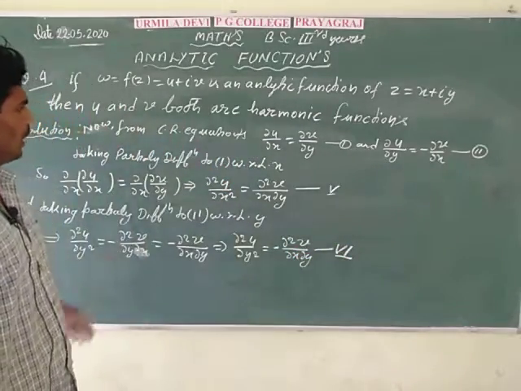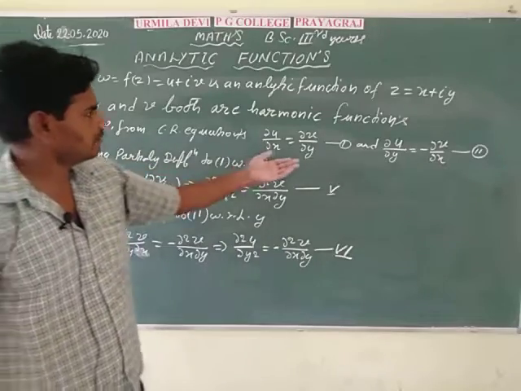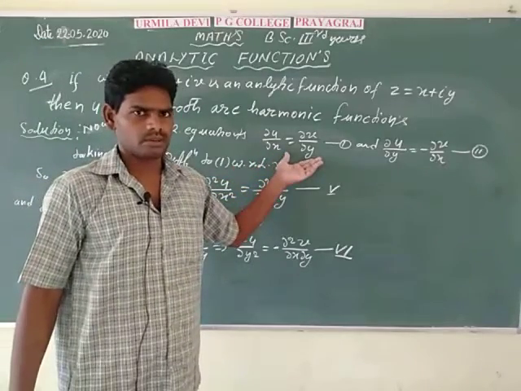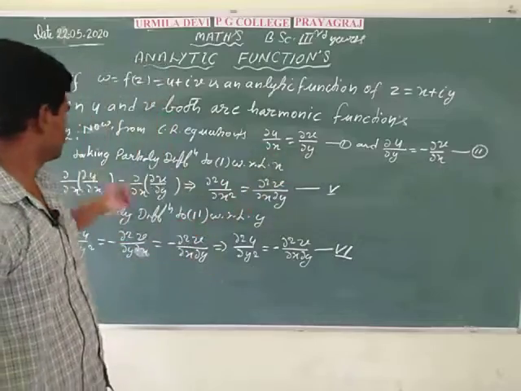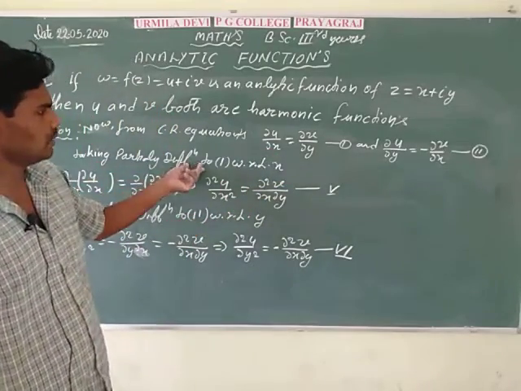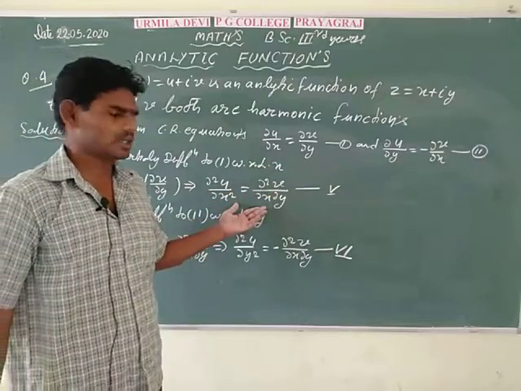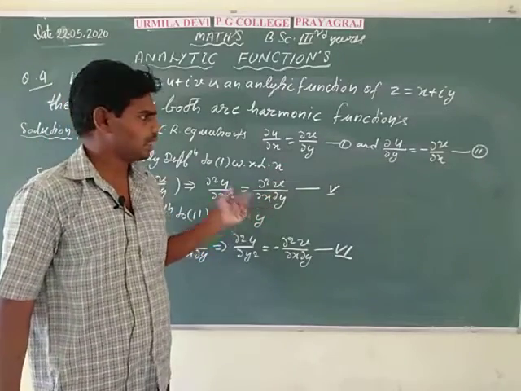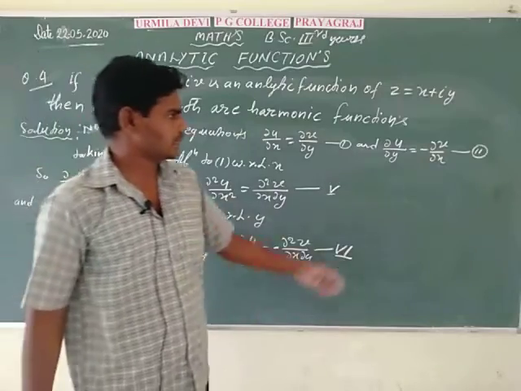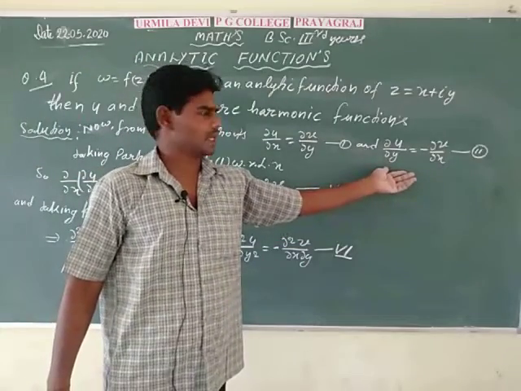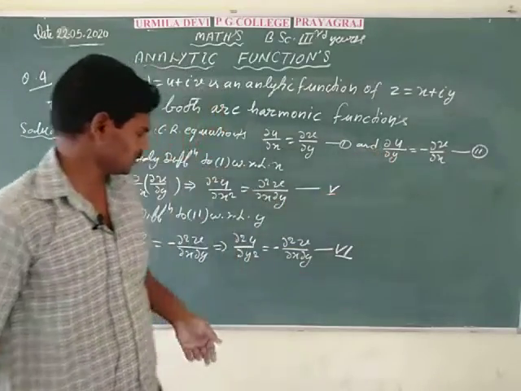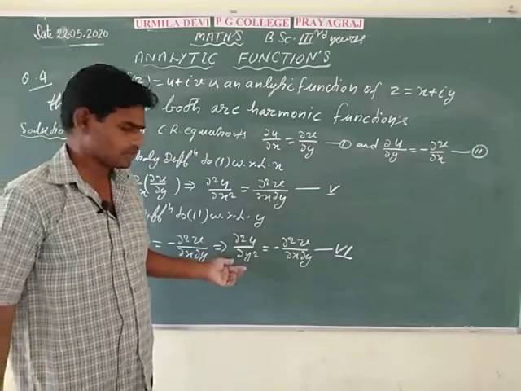So first write the CR equations first and second. First, taking partial differentiation of the first with respect to x gives equation fifth. After that, taking partial differentiation of equation second with respect to y is represented in equation sixth.